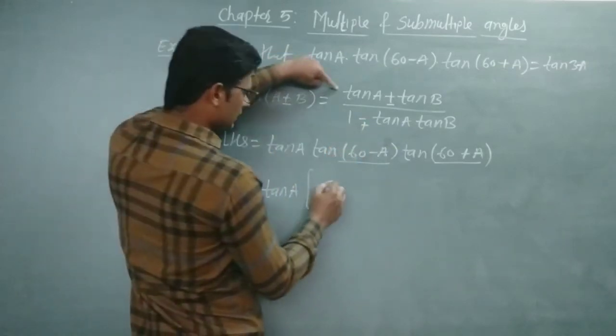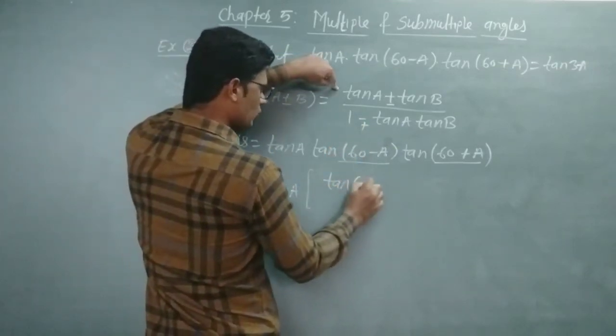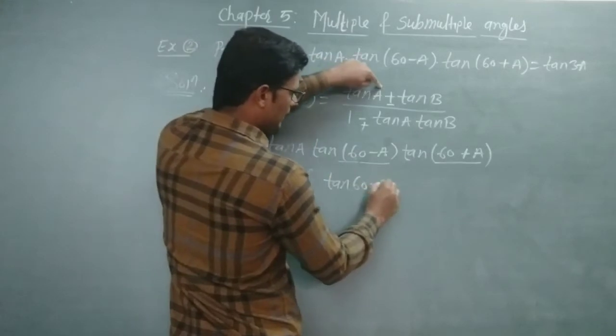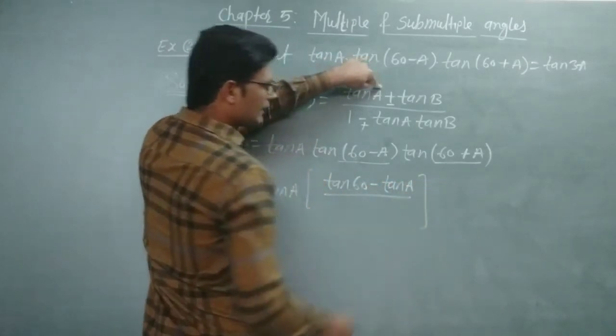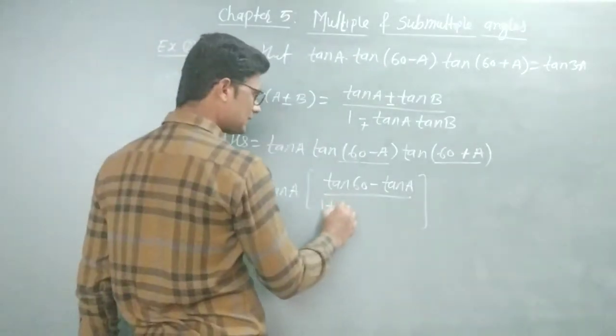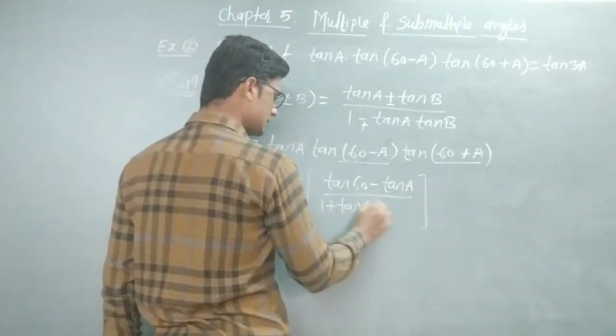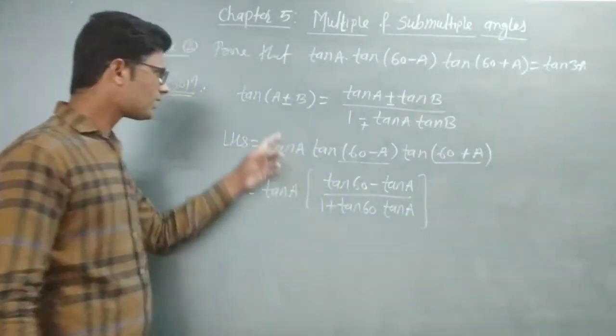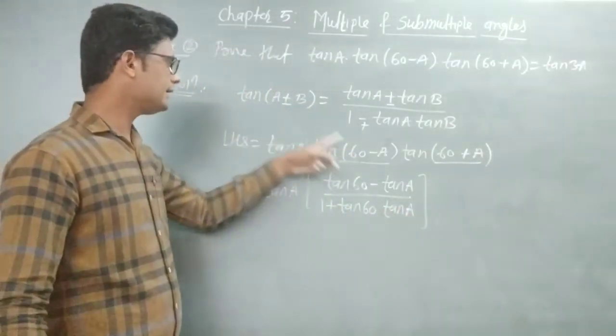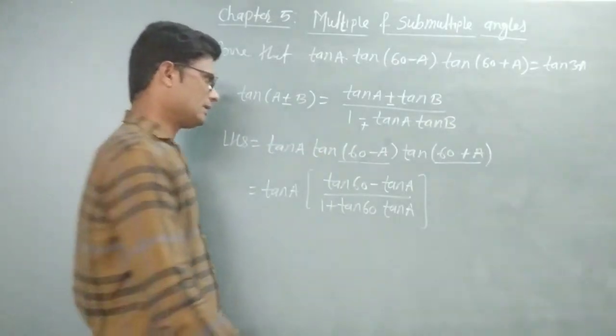Tan A minus tan B divided by 1 plus tan A into tan B, where A is 60 and B is A. So compare the two. A is 60, B is A.